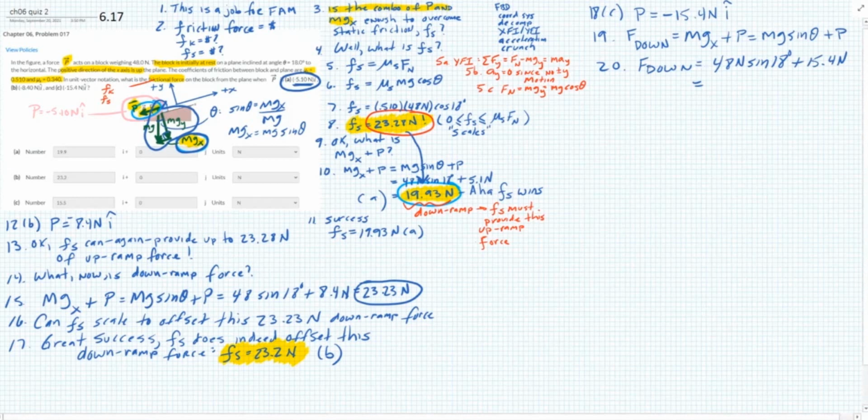So that's it. Finally, we have defeated static friction. 30.23 newtons is the total downward force. So F sub S is finally defeated, which means the box moves.